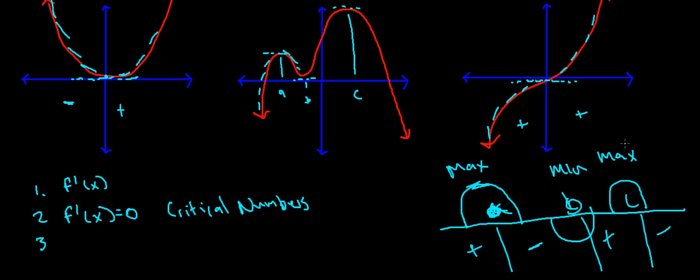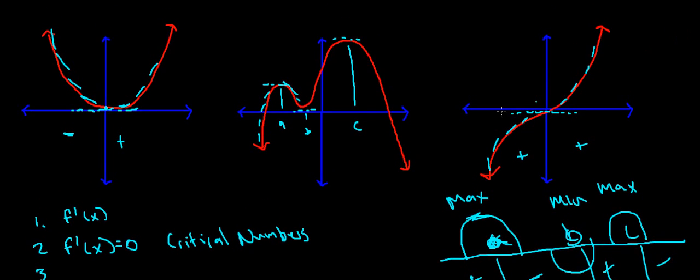And if I want to find out which of these is the highest point out of all of them, what I do is just take the x value, or the critical number value, and put it back into f of x, not f prime of x.